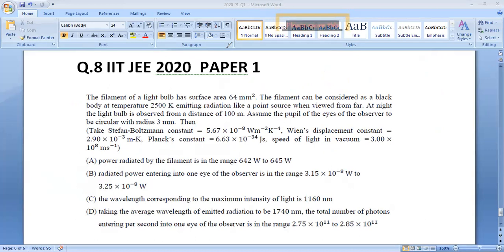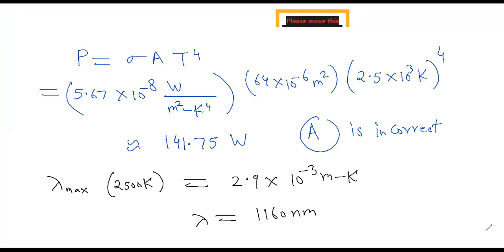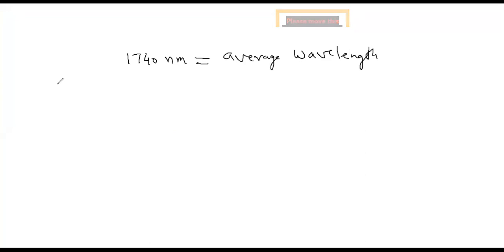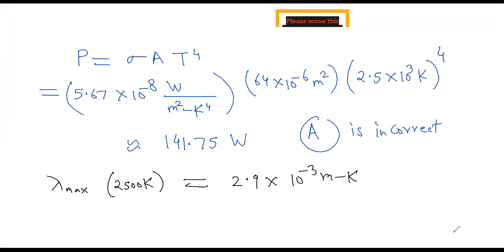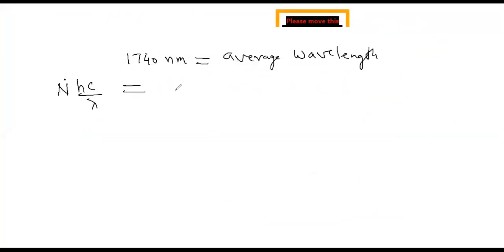Now total number of photons entering into one eye of the observer. Taking the average wavelength as 1740 nm, let the number of photons entering the eye per second be n dot. Then n dot into hc by lambda is equal to P dash, the power received by the eye.